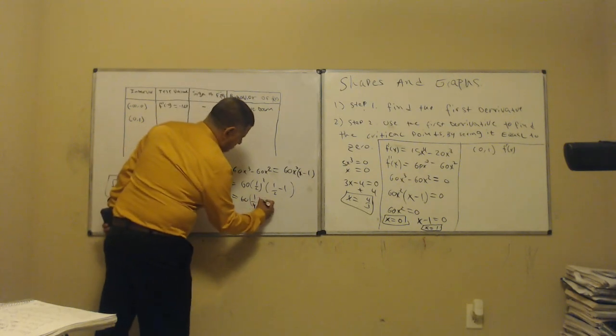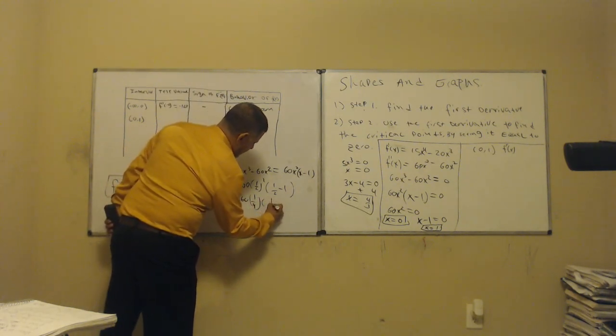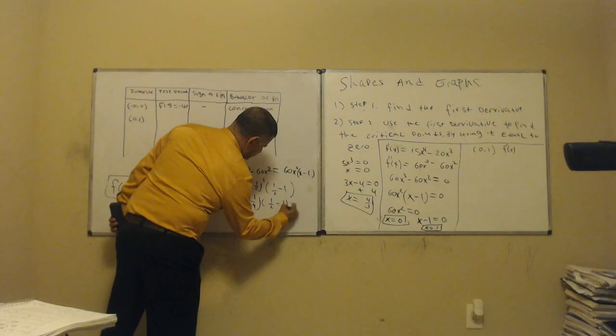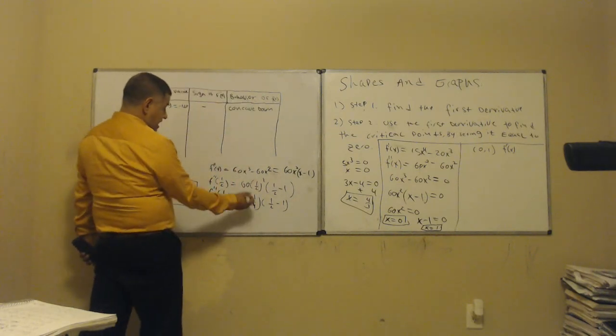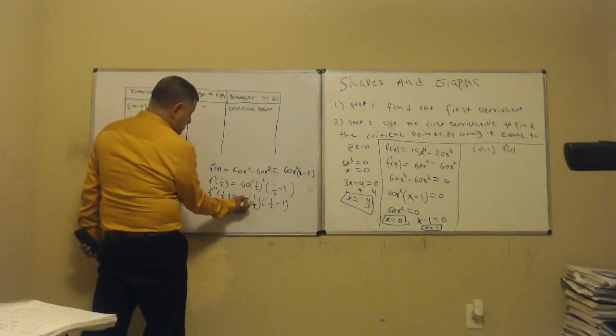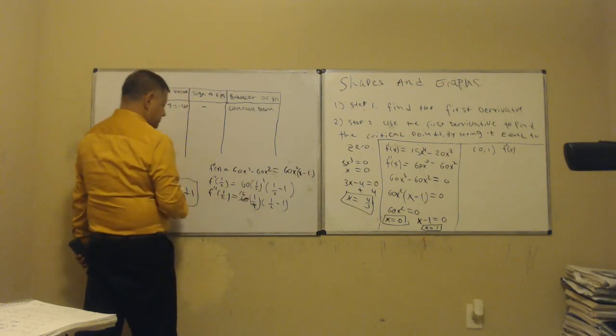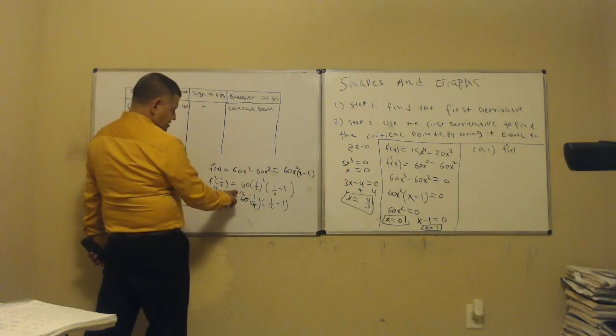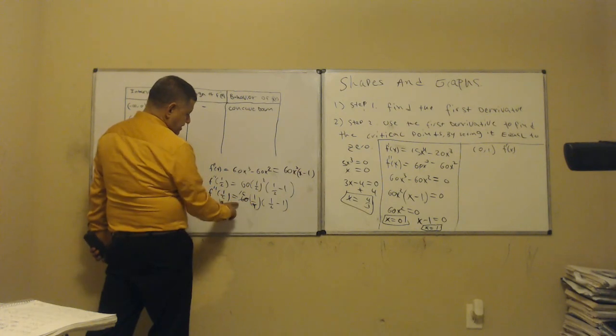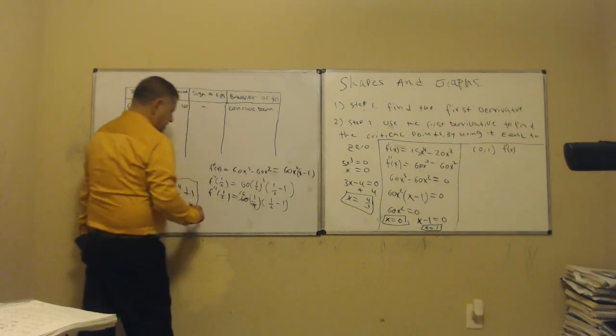Right? And then times half minus 1. Now, cancel this, this is equal to 15. This is gone, that is equal to 15, right?